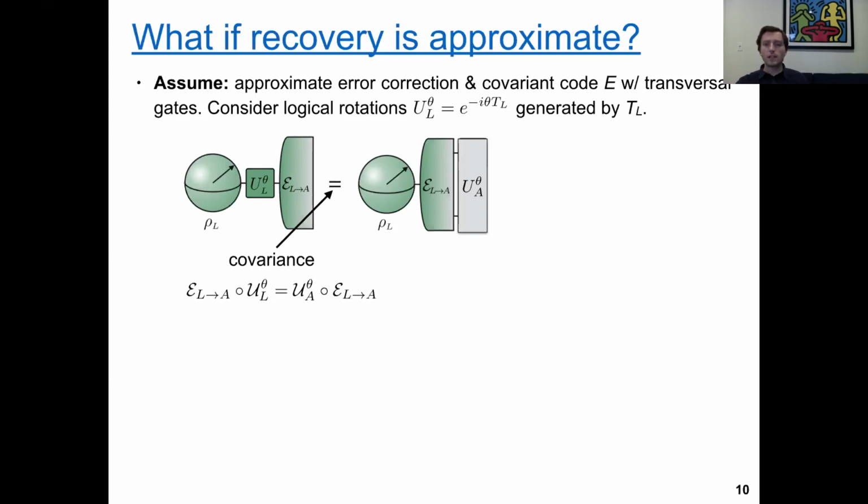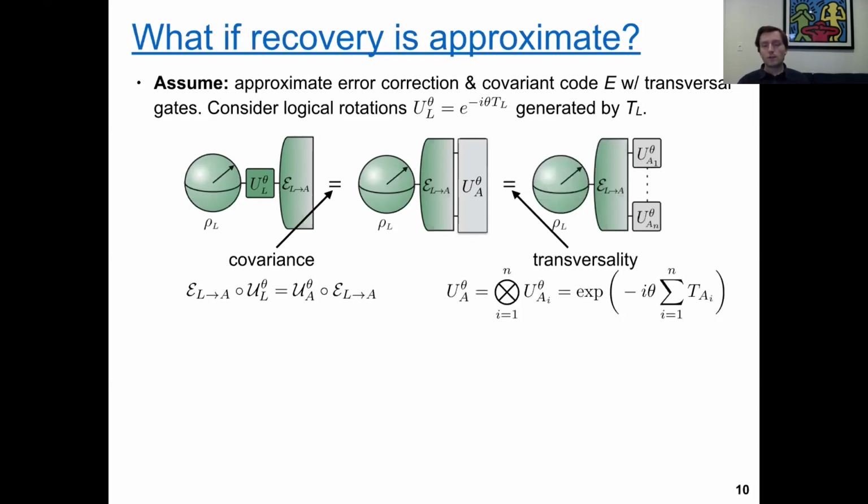And what transversality tells us is that this physical unitary can be further split into a tensor product of unitaries which act independently on each and every subsystem. So that's the setting we want to consider. We have a covariant code with transversal gates, and we can just look at rotations along some axes.